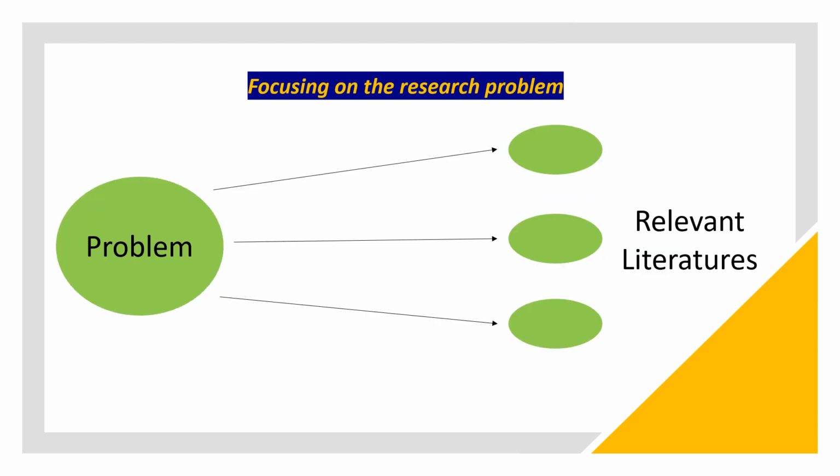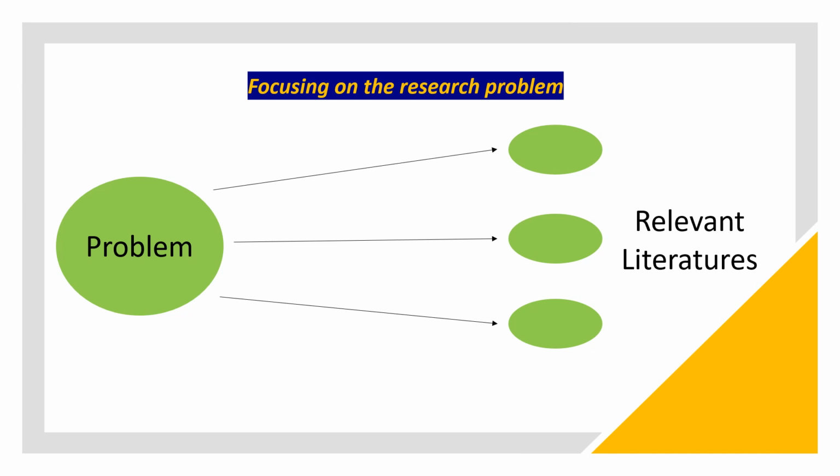Another way of writing your literature review is focusing on the research problem. So based on the problem, you describe the relevant areas of literature that talk about this problem. So at the end of your literature review, you can make an interdisciplinary study framework that can help solve your problem. Say for example, there is a problem on climate change.